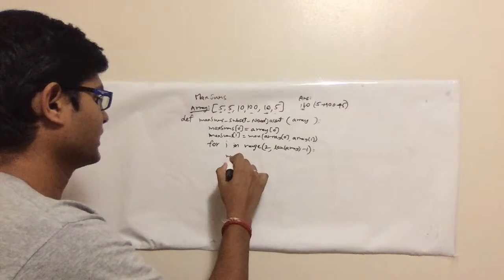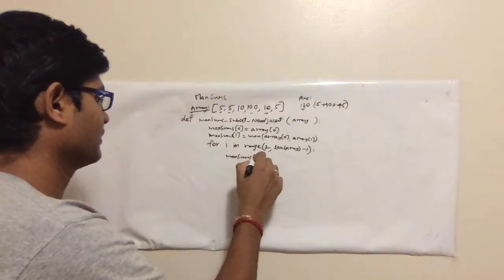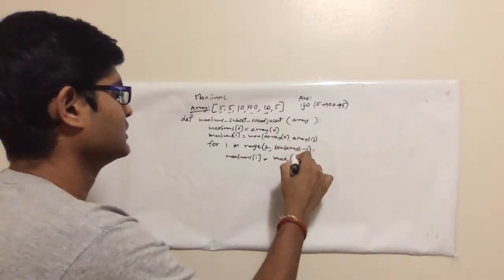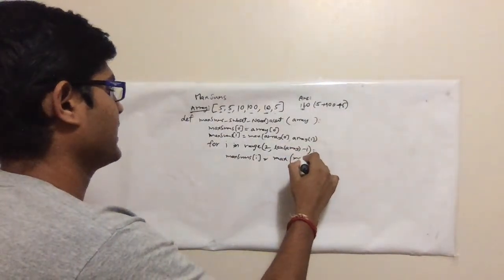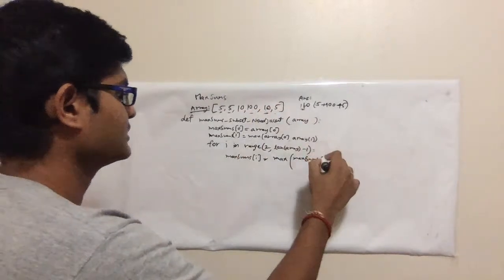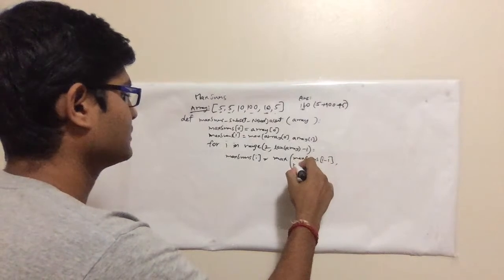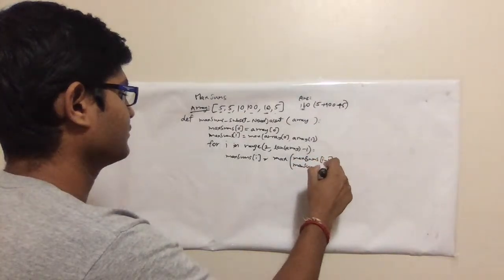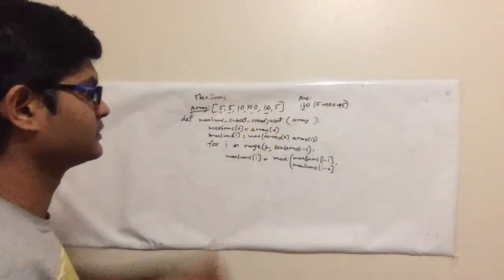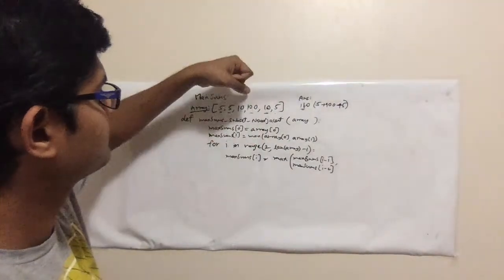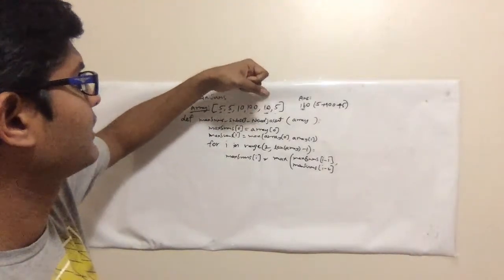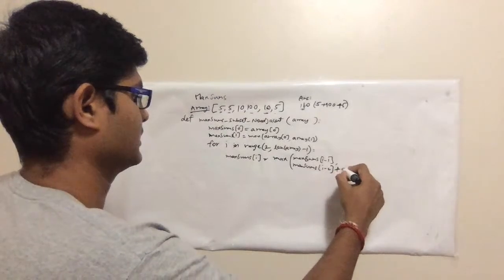So maximum sums of i is equal to, as we talked, the maximum of maximum sums of the previous element, or maximum sums of i minus 2 plus array of i. So for i minus 2, we have taken this element from this array, and we cannot take this, but we can take this.